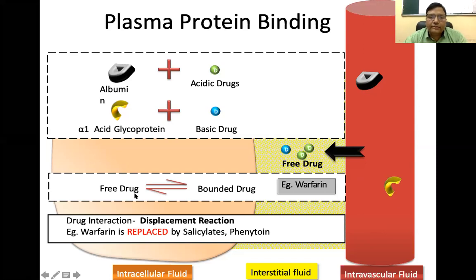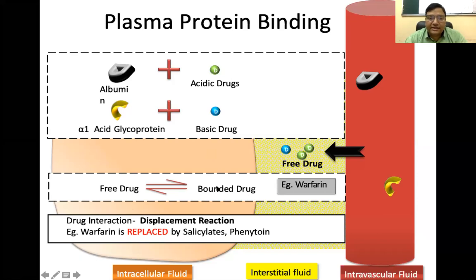And there is an equilibrium between the free and the bound drug. As soon as the free drug decreases, the drug from the bound sites dissociates and moves to the site of action. So slowly they get released. Or if the bound drug is decreasing, then the free drug will move back into the intravascular compartment to form the bound drug.